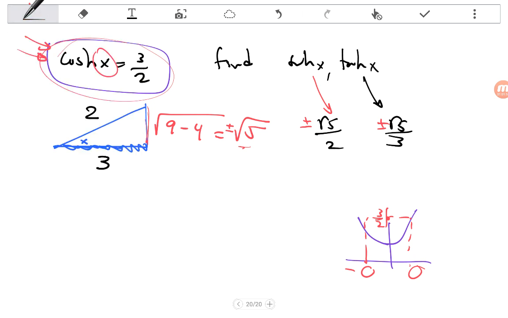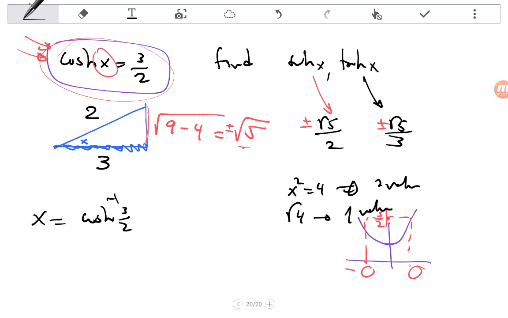But this is different from saying that x is equal to cosine inverse of 3 over 2. Just like the square root: if I tell you solve this equation, how many values do I have for x? I have 2 values. But if I tell you what is root 4, root 4 has exactly one value. This is exactly the same case here. When I tell you that cosine x is 3 over 2, x has 2 values.